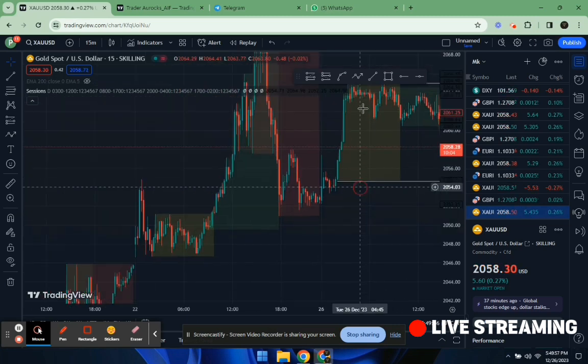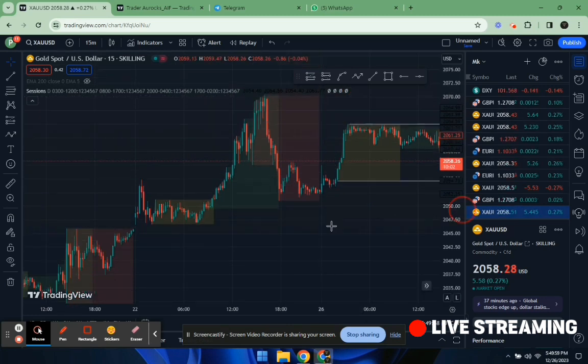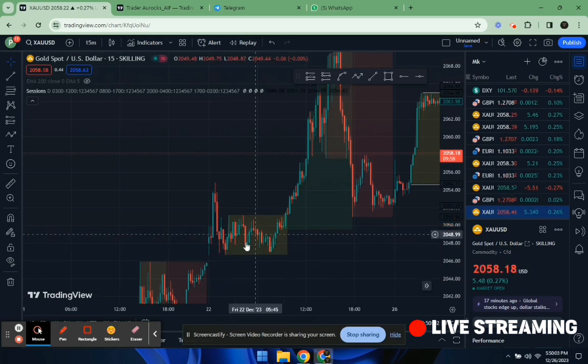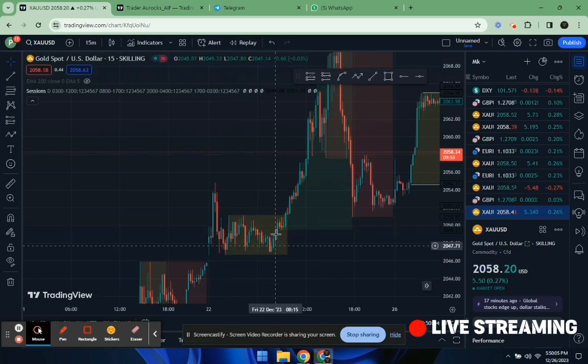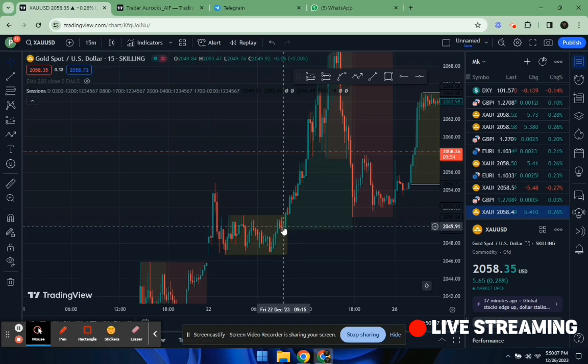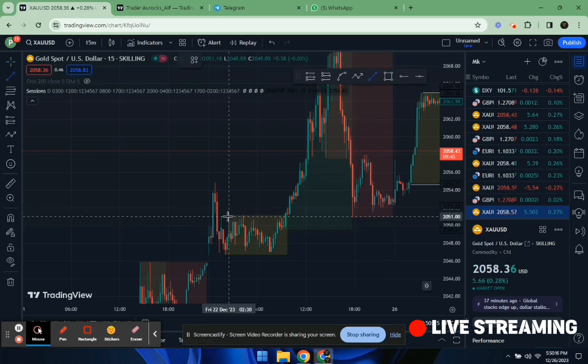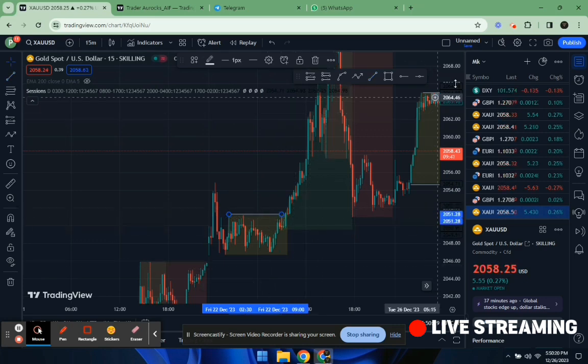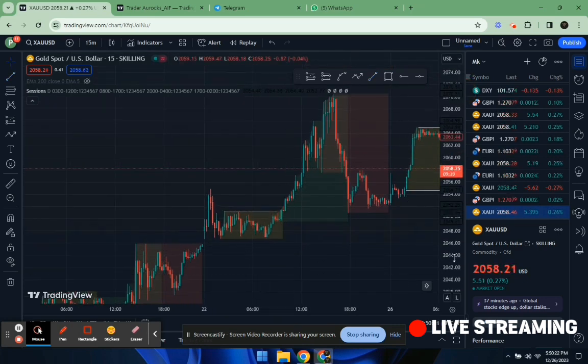So let's go back a few more days, and yeah, you can see we have the Asian session over here, and then this was 8 o'clock, this candle, but then the candle took out liquidity as usual. So it took out the Asian high first, but then it continued going up because of some kind of fundamentals of bank manipulation.